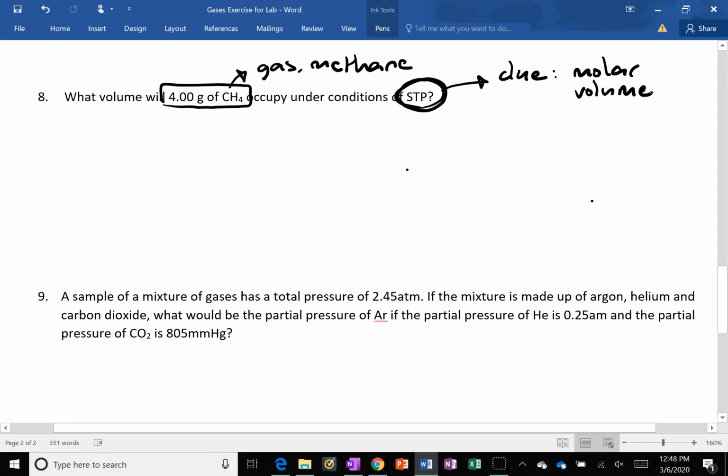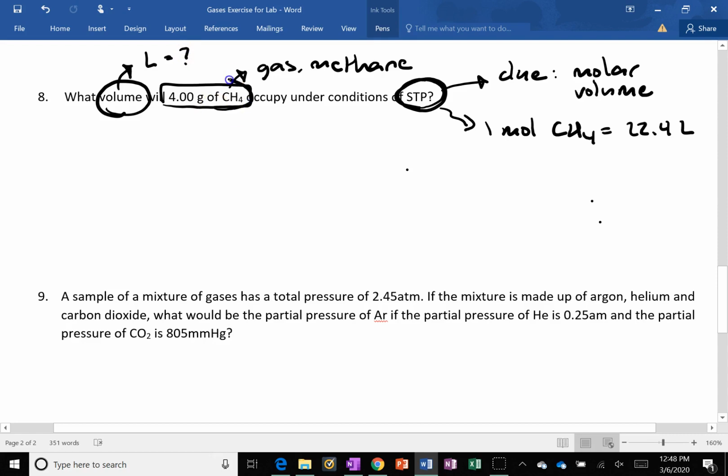Because we just defined that under STP conditions 1 mole of a gas should occupy 22.4 liters. So 1 mole of CH4 should be 22.4 liters. We are asked to calculate volume. We don't know what that is. What are we given?